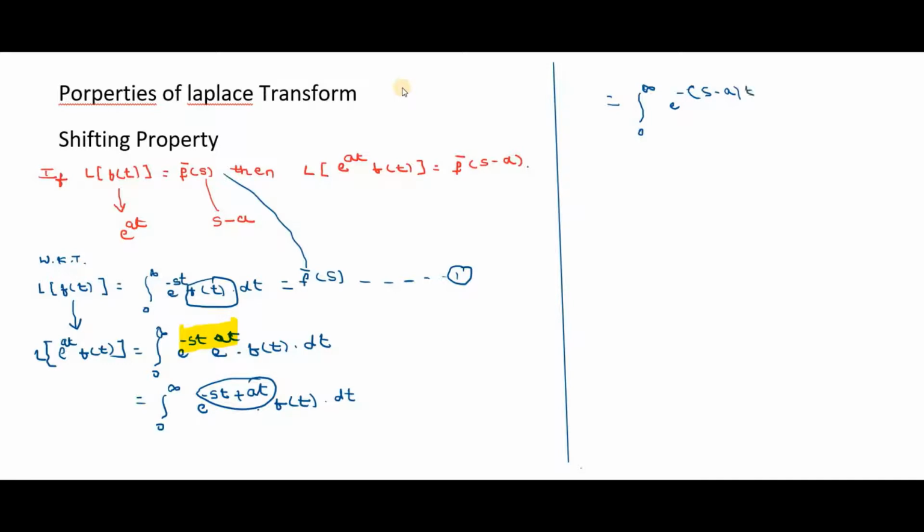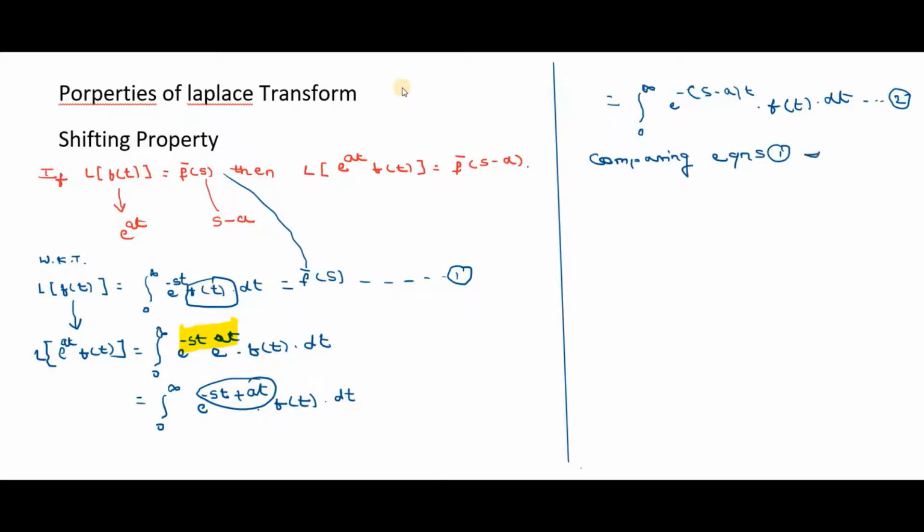Outside you can write f of t into dt. This is equation number 2. Now comparing equations 1 and 2.